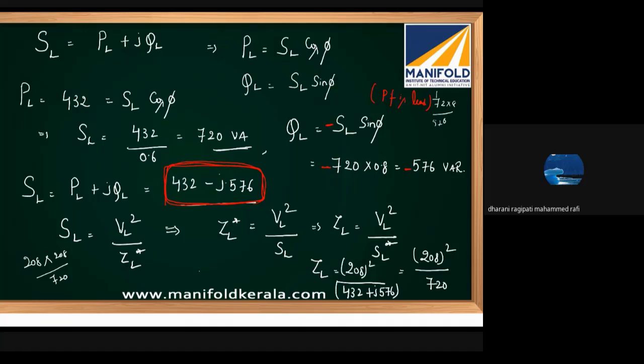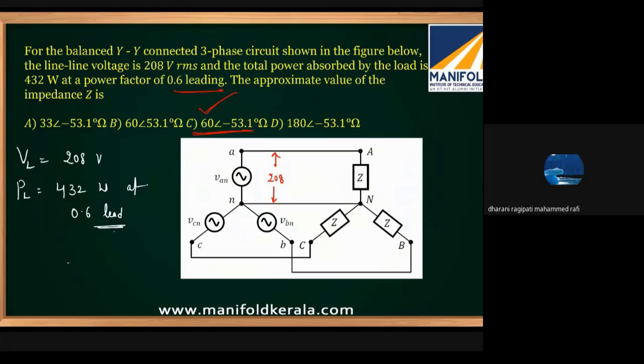If you calculate tan inverse of 576 by 432, your angle will be 53.1. Since it is a capacitive load, the angle is negative. Understand? So if you are a very sharp student, you can easily eliminate one option. When it is a leading power factor load or a capacitive load, the impedance angle will be negative.